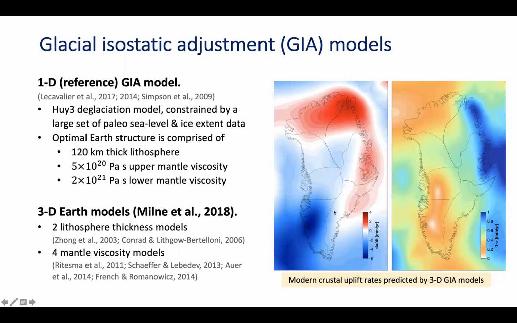A couple of features stand out here. There is a large uplift ongoing in the northern part of Greenland, but in the southwest of Greenland there is actually subsidence ongoing because of the GIA processes, and it has something to do with both the neoglacial advances and also the collapse of the forebulge associated with the former Laurentide ice sheet.